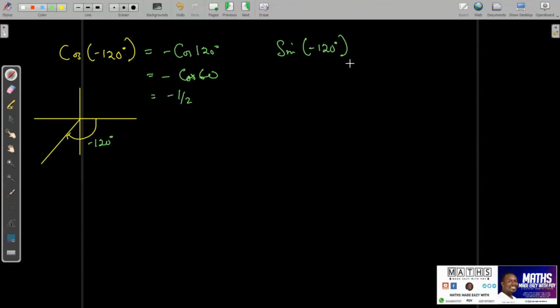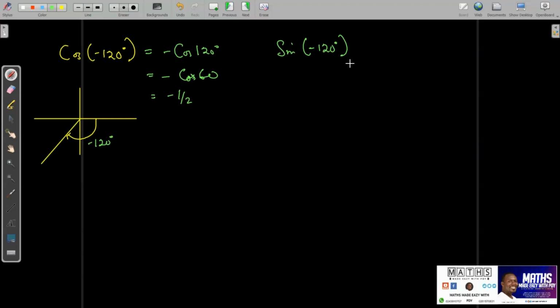Sorry, sir, can you hear me now? Yes, just take it one after the other. I said the figure was negative 120 and cos is also negative in the third quadrant, so wouldn't it be positive at the end of the day?